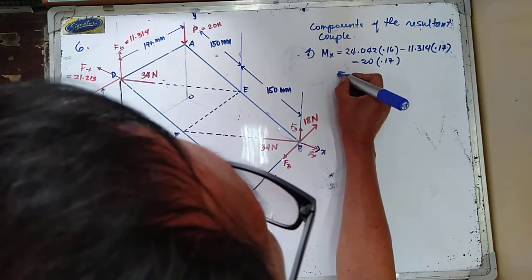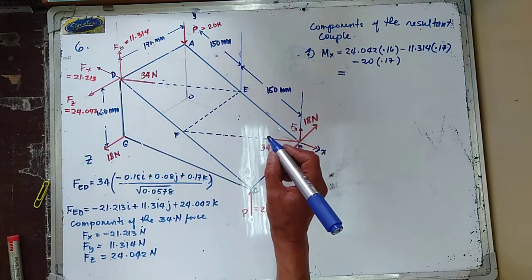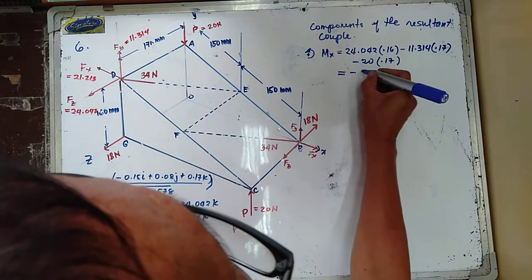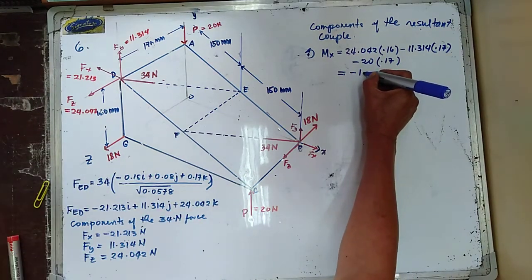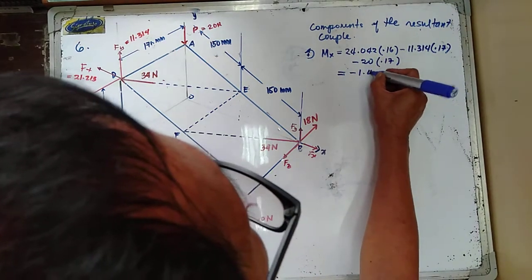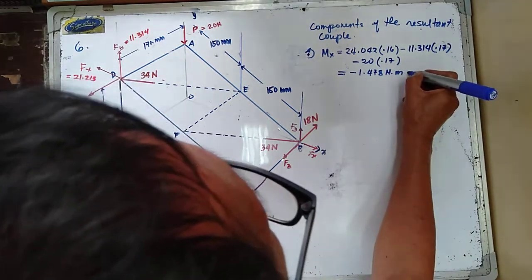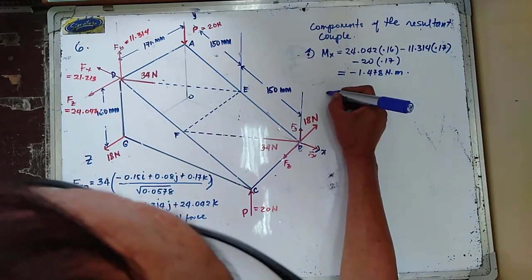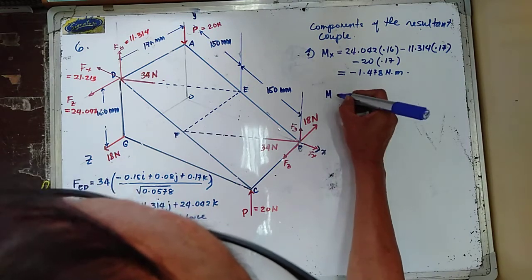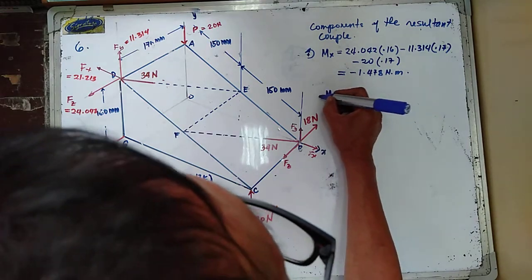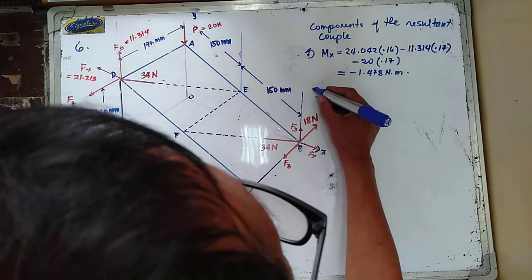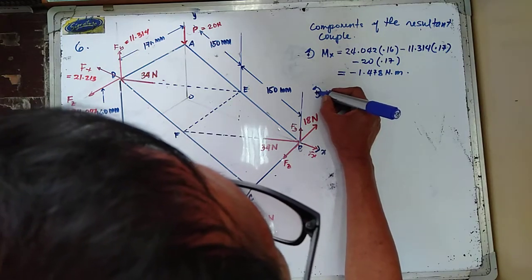Hence, your Mx is now equal to negative 1.478 Newton meter.